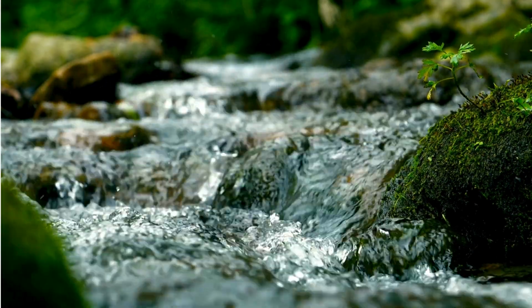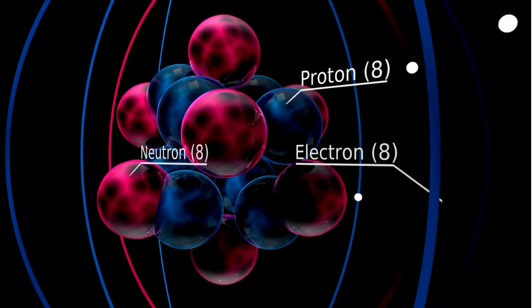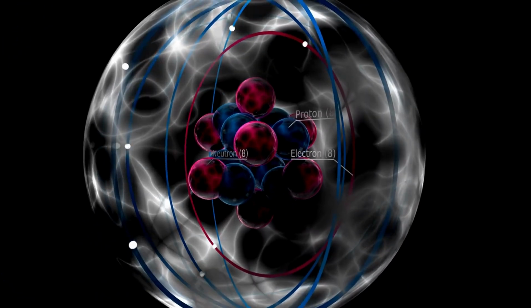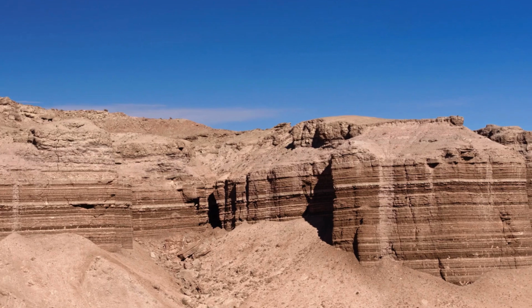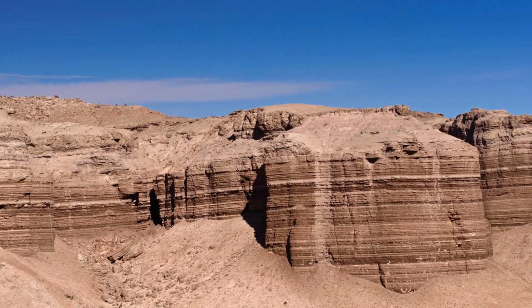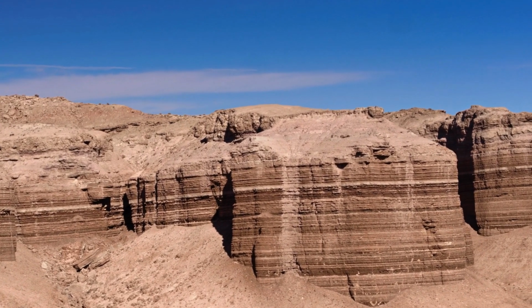This increase in oxygen led to the Great Oxygenation Event, reacting with iron in ancient oceans to form banded iron formations, which we now mine for iron ore. As oxygen levels rose, it also formed an ozone shield, protecting life from harmful UV radiation.